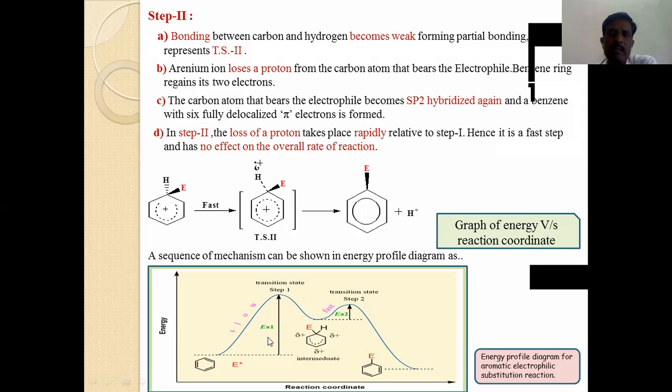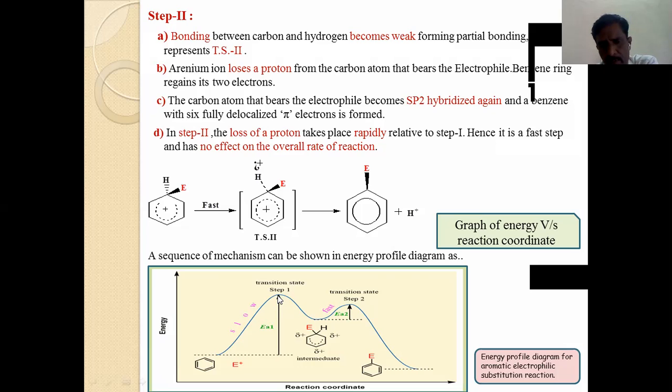This is called EA1, because the aromatic electrophilic substitution reaction involves two steps, so there are two energies of activation. In the first step, this energy of activation is required for the conversion of reactant into transition state first.